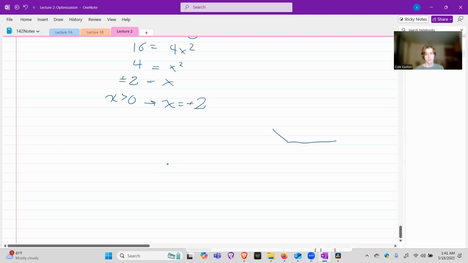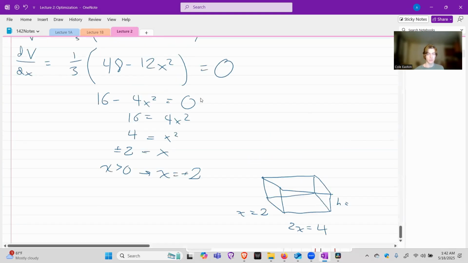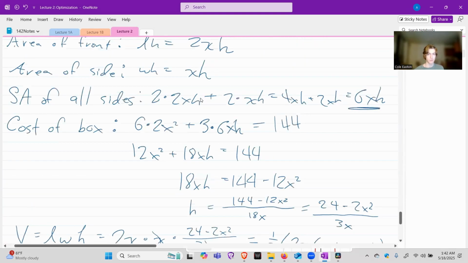So if we go and try to draw our box again, we know that this side is 2, right? X is 2. This side was 2x, so that's going to be 4. And then our height had a little bit more complicated formula for it. So we have h equals, and let's pull this back down from above.